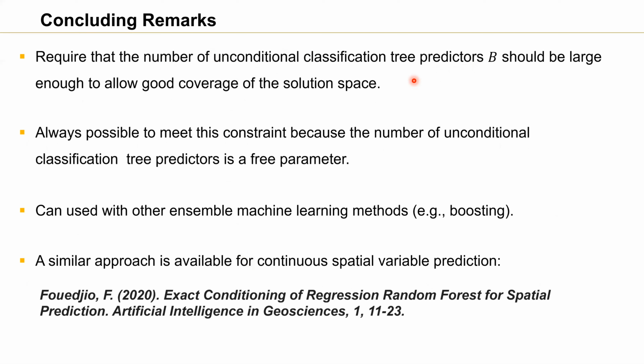If you have a large number of data and we just take a small number of trees, what happens is that you are not able to explore the solution space very well, and you can also have very small uncertainty. So it's very important to make sure that you take a very large number of unconditional tree predictors. But the good thing is that this parameter is a free parameter in a random forest, so we are not really limited in choosing a very large number.